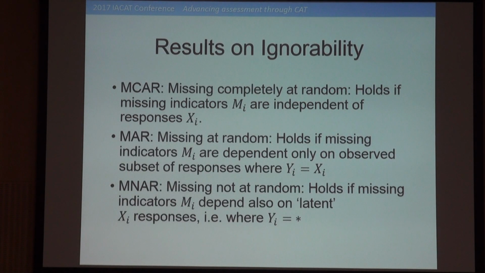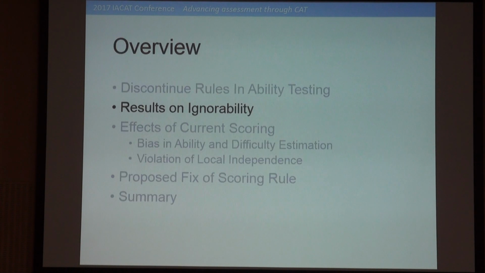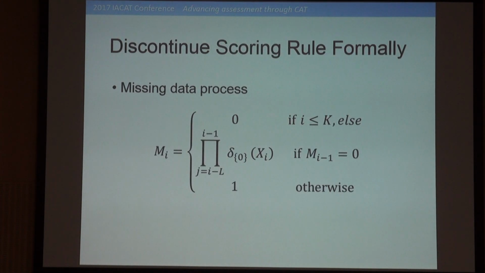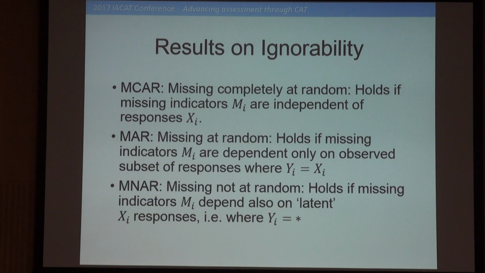When you look at Rubin's definition of missing data as missing completely at random, missing at random, and missing not at random, you see that missing completely at random is if essentially the missing data indicators are independent of the observed responses. Missing at random looks familiar if you look at this previous slide here. The missing data indicators depend only on the observed subset of responses, or where we actually have those previous responses all observed.